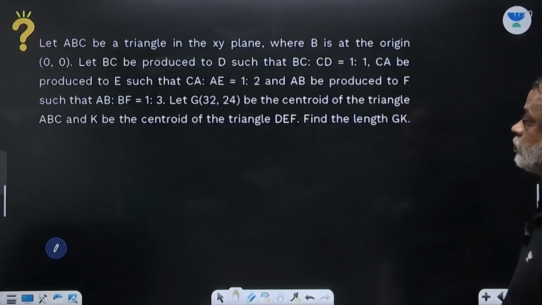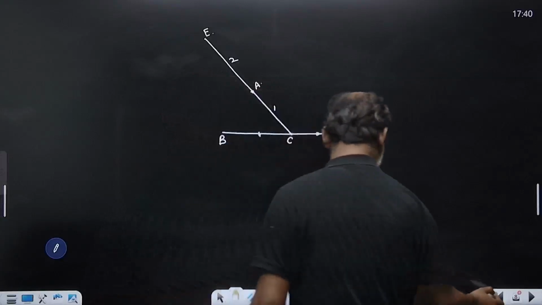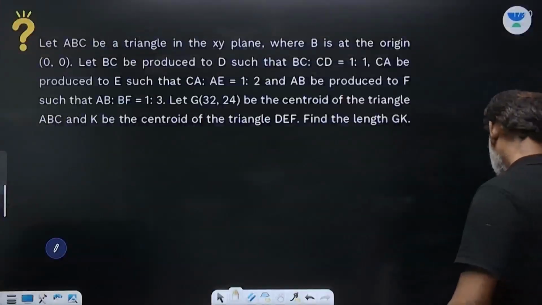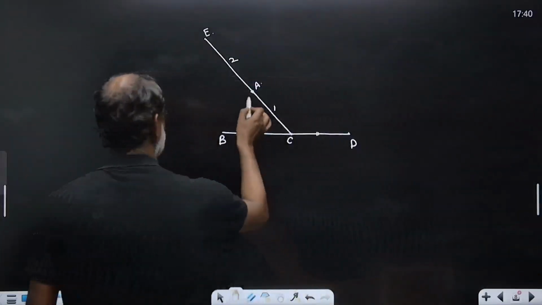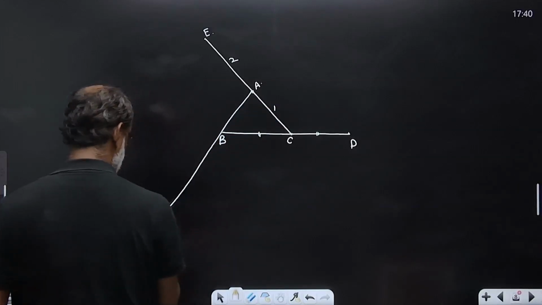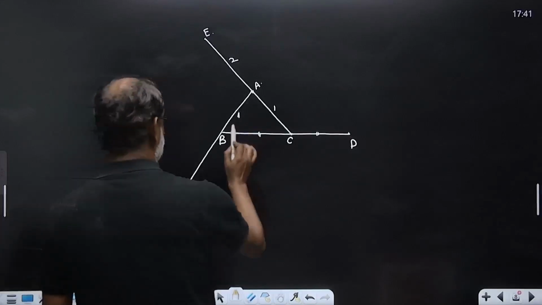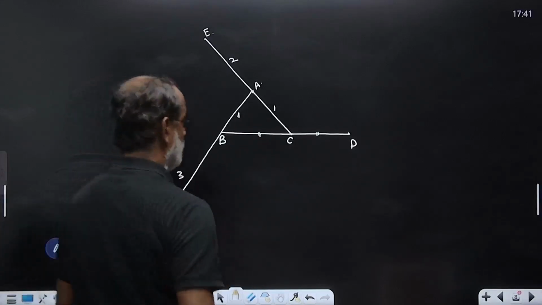AB be produced to F such that AB is to BF is 1:3.